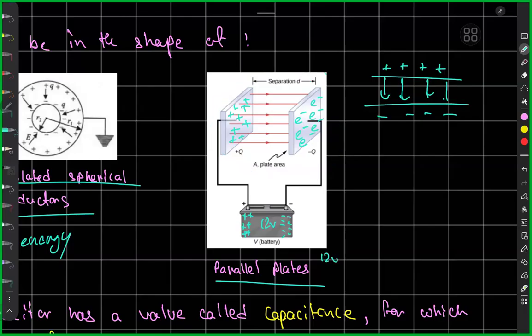All the electrons accumulate over here, repel the electrons from here, and move them here. So there is a 12 volt potential difference between these two plates as well. In a complete circuit, whatever the cell potential is also the potential difference across the capacitor, regardless of what type of capacitor it is.